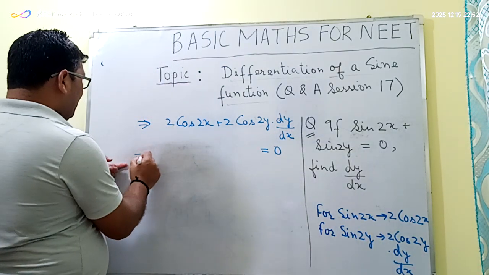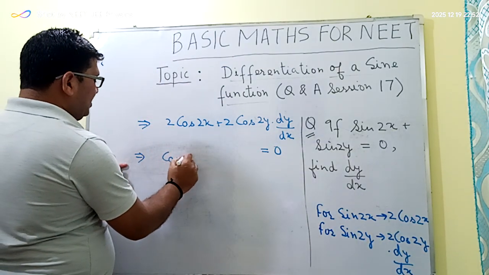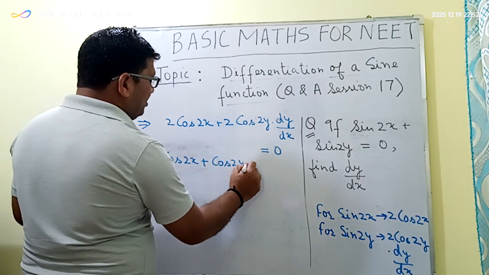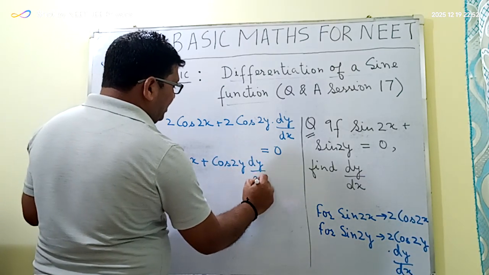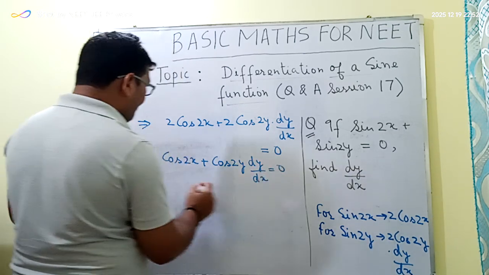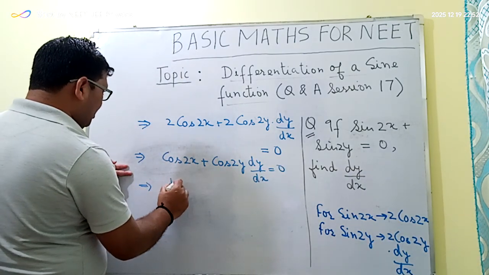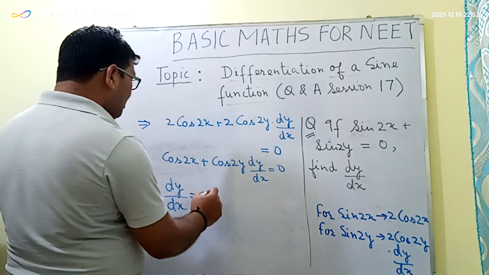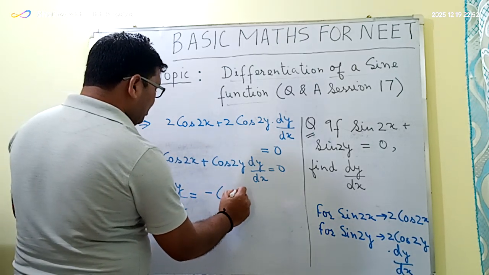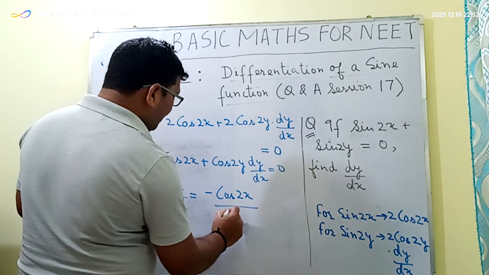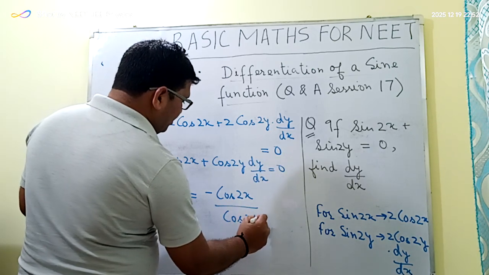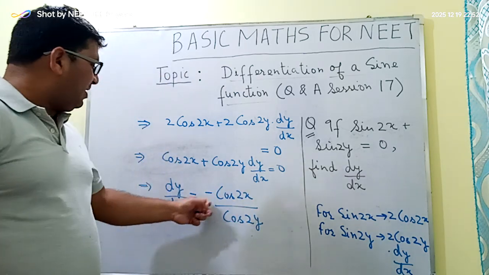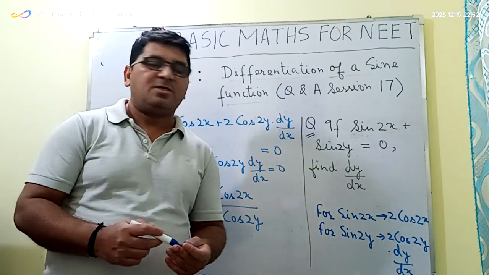Or simply we can say that cos 2x plus cos 2y into dy upon dx is equal to 0, or dy upon dx will be equal to minus cos 2x divided by cos 2y. So the answer will be equal to minus cos 2x divided by cos 2y.